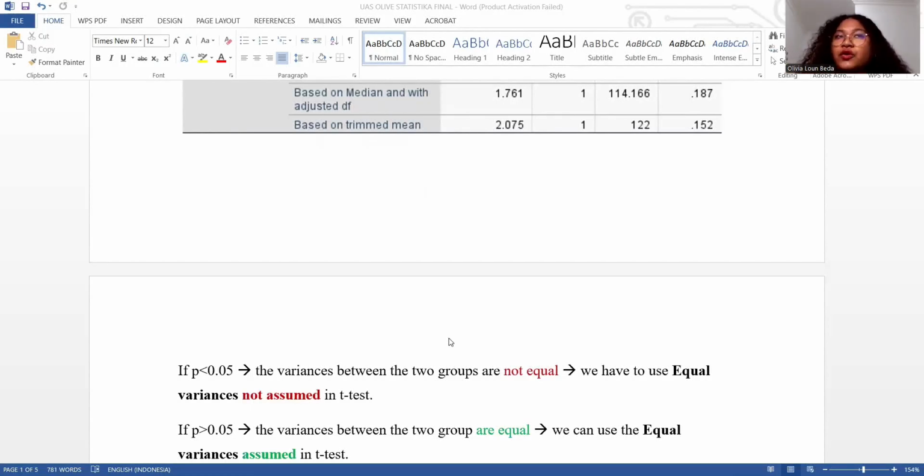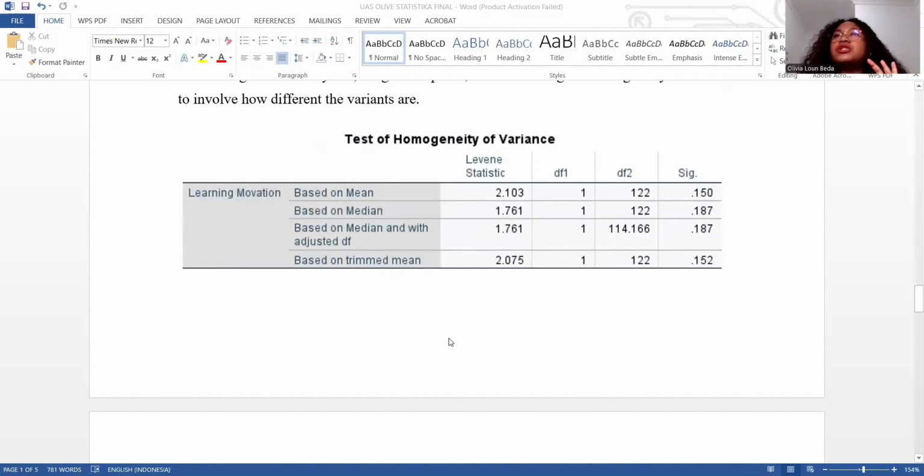To use this t-test, you have to do these two rules. The first one is the normality distribution, and the last one is the test of homogeneity of variance.